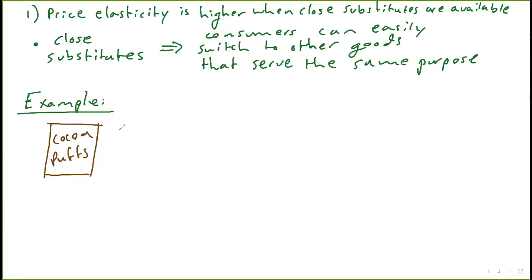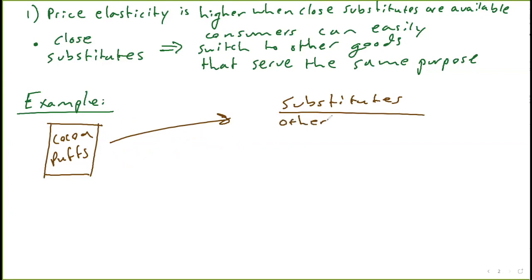Cocoa Puffs have lots of close substitutes, namely any other breakfast food. So other cereals, pancakes, Pop-Tarts, etc. So when the price of Cocoa Puffs rises, consumers can easily switch to any of these other things, and they just might not buy as many Cocoa Puffs, right? So we say the price elasticity for Cocoa Puffs is higher because of that.